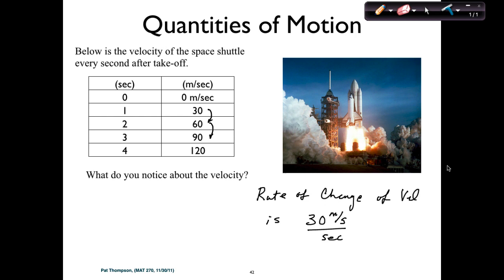So I want to describe this in a broad way, in a good way. So what does it mean that the rate of change of velocity is 30 meters per second per second?